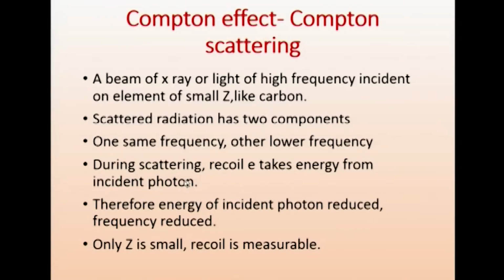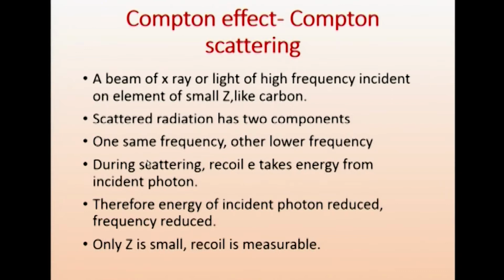Suppose the incident light has one energy, one frequency. What we expect is that the reflected light should also have the same frequency, but Compton found that it has two frequencies: one the same frequency and the other a lower frequency.